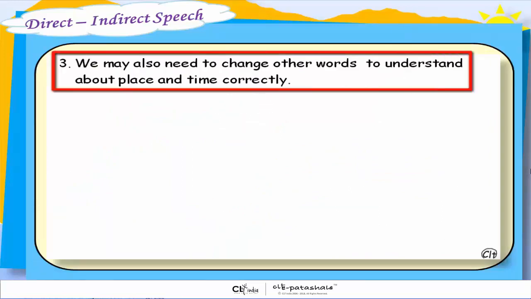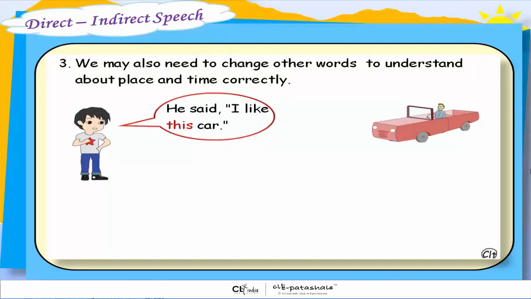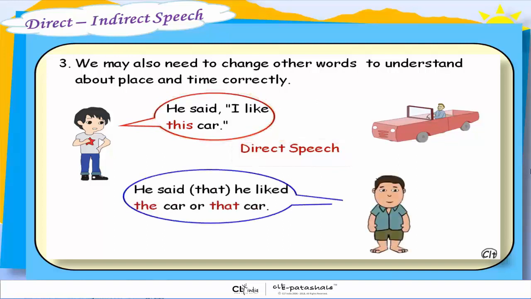We may also need to change other words to understand about place and time correctly. For example, he said, I like this car. This is the direct speech. He said that he liked the car or that car.